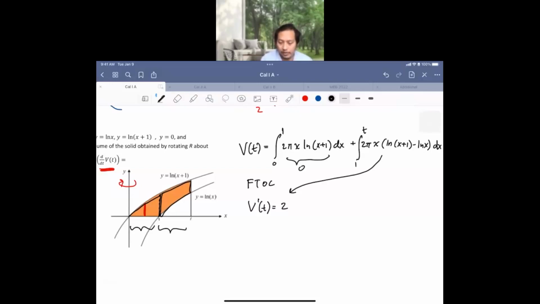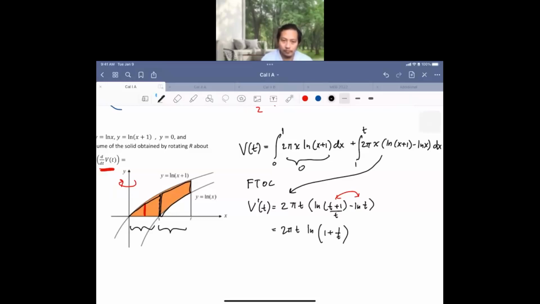So we would have 2 pi t ln t plus 1 minus ln t. We could combine these two and write down ln t plus 1 over t, right? So this is 1 plus 1 over t.